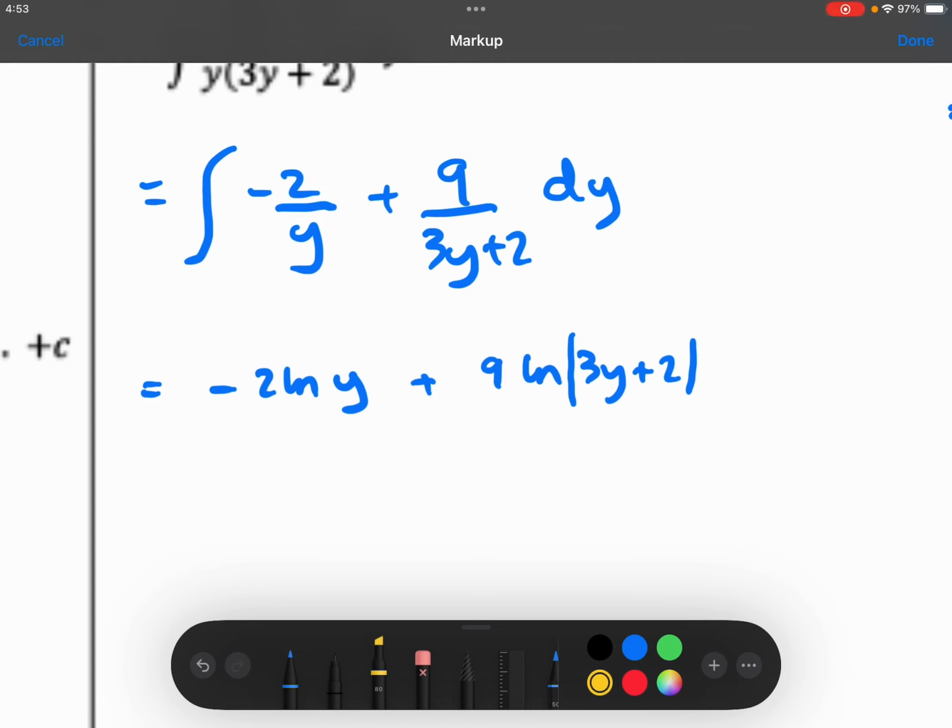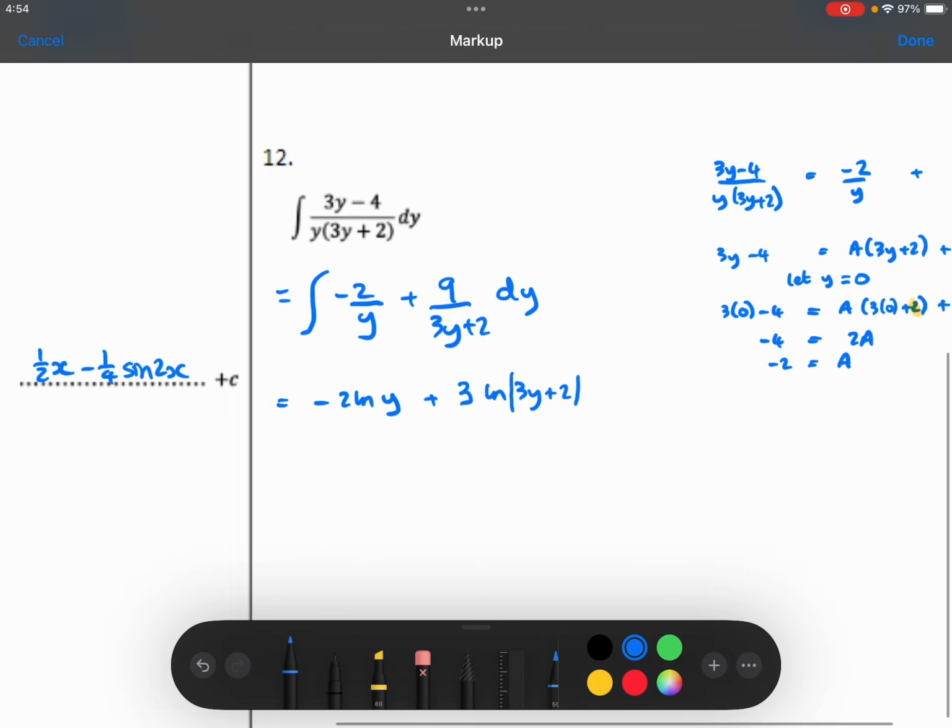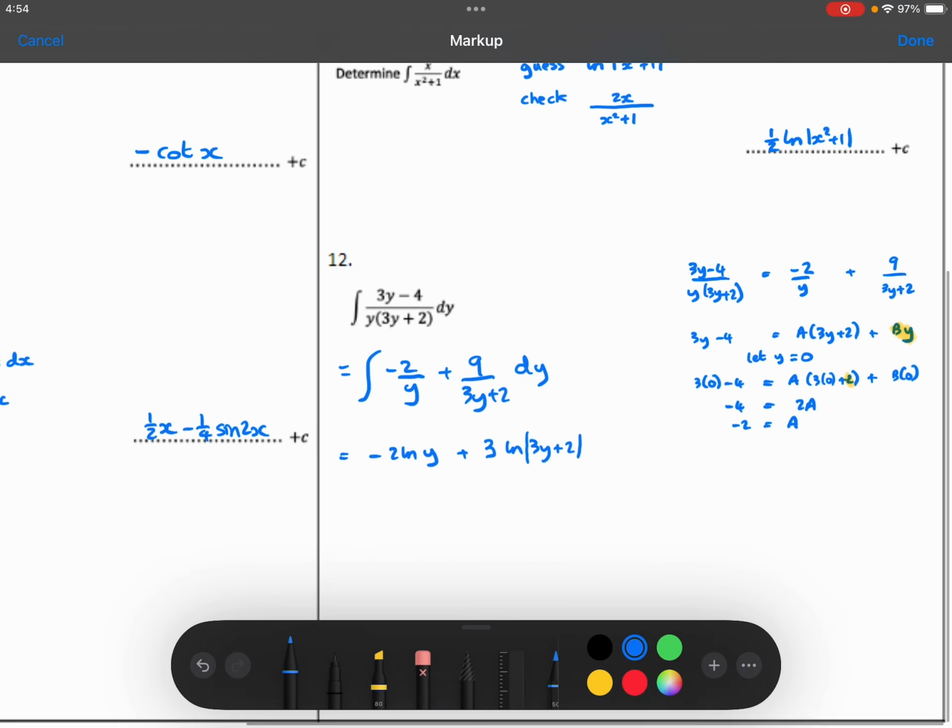That's because of the reverse chain rule, I need to divide by 3. So the 9 over 3 will simplify to be 3. And not forgetting your constant of integration. So there we go.